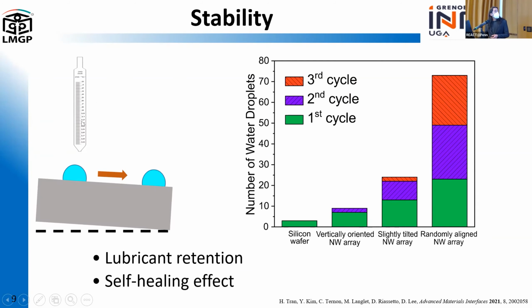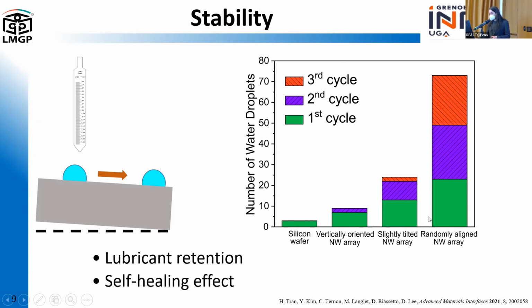So we put some droplets dropping onto our surfaces and see if they slide. For the random nanowires, almost 23 droplets slide, and after the 23rd one, they stop sliding.